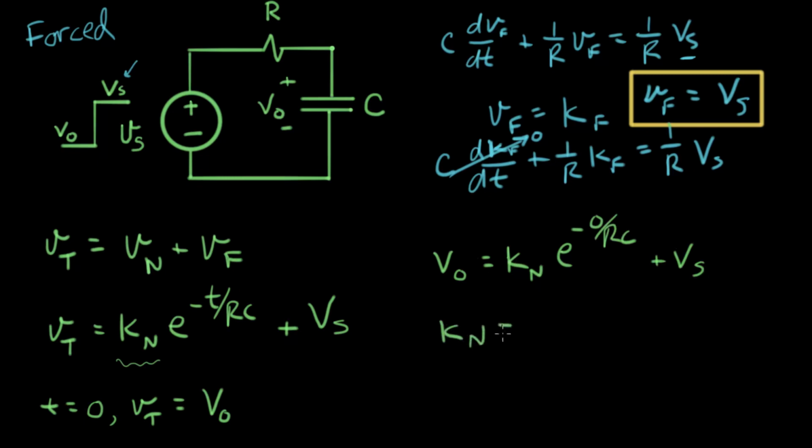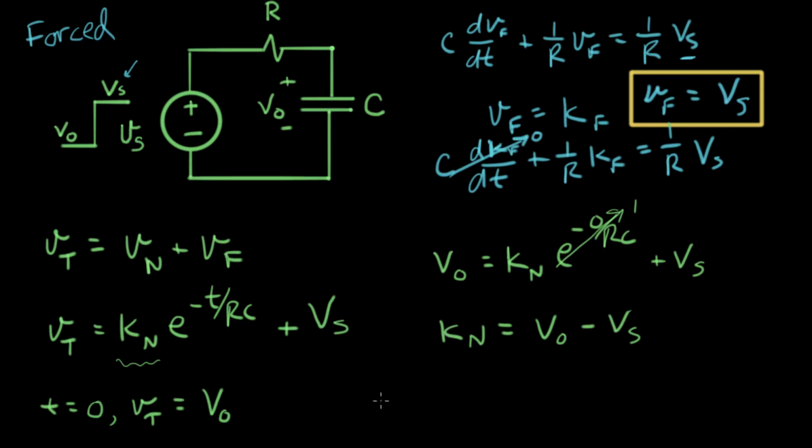This term e to the 0 is 1. So this term goes to 1. So that says that it's Kn plus Vs on this side. And I can write down here V naught minus Vs. So now I've solved for K.